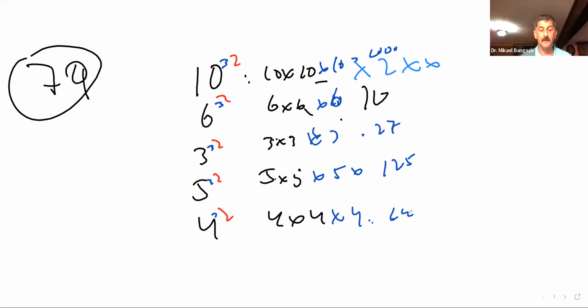So yes, what a jump. From 25 to 125. From 9 to 27, from 100 to 1,000. From 16 to 64. So it is multiplied by itself.